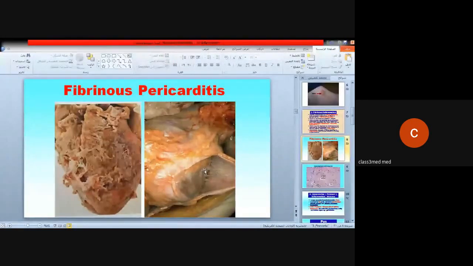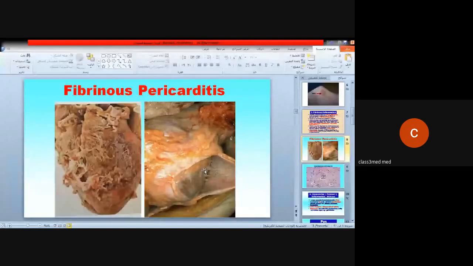I repeat, organization means converting of the fibrin and replacement of the fibrin by fibrous tissue, or by fibrosis, which occurs by proliferation of the blood vessels and fibroblasts, leading to the formation of fibrous tissue.